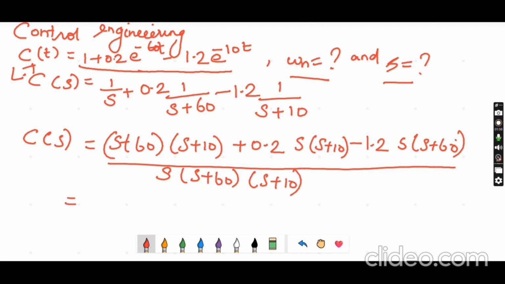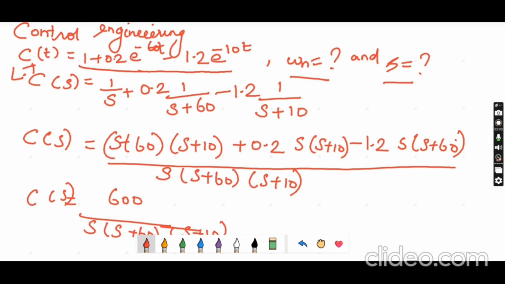Upon solving this, finally we will arrive at an answer of 600 by S into S plus 60 multiplied by S plus 10. You can also check by yourself. Other terms will get cancelled out. Only this constant term 600 will be available at the end. So we have C of S.